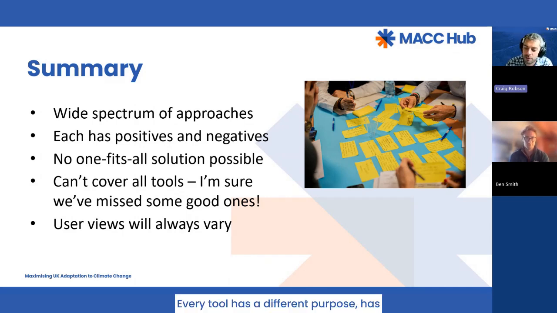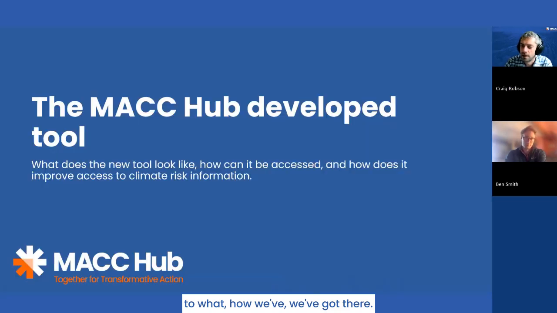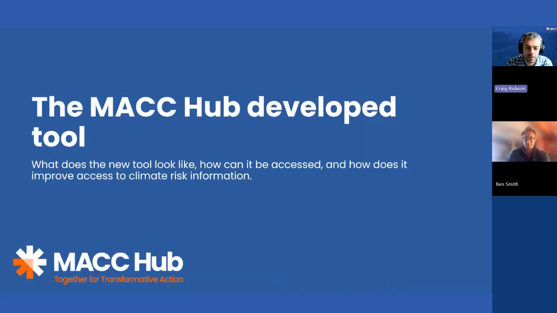Every tool has a different purpose, has a different target audience, and every user is different in terms of how they want to access data, what they want to see. So the challenge becomes almost, I think I've got it later on in one slide, an optimization problem: optimizing a tool that works for as many people as possible for your target audience, accepting that you're never going to keep everyone happy, you can never develop a perfect tool. So that's a bit of background to how we've got there.